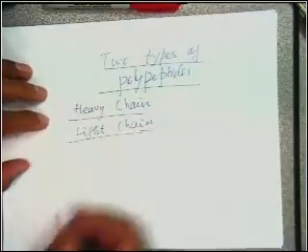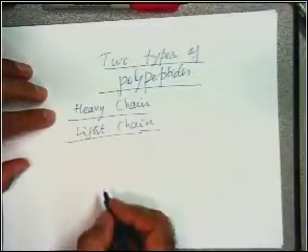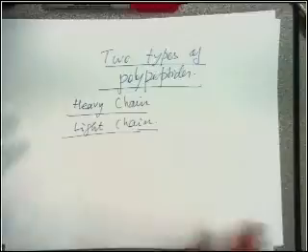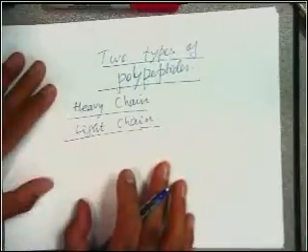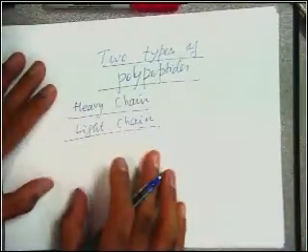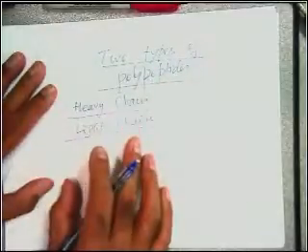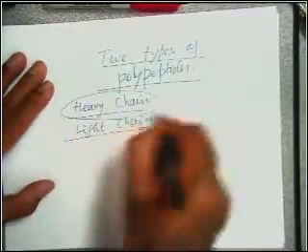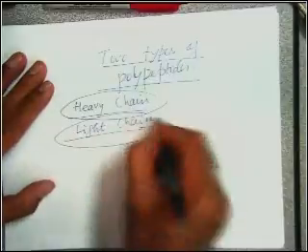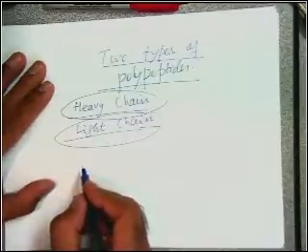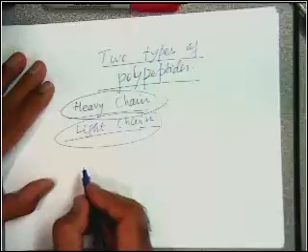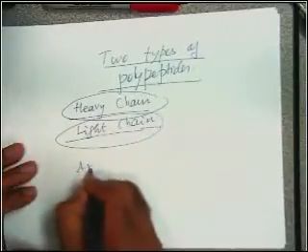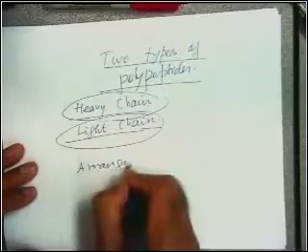Heavy chain molecule, light chain molecule, and they clump together to form one antibody. So antibody is composed of two main types of polypeptide. One is a heavy chain molecule, another one is the light chain molecule, and they combine together and form antibody. How are they arranged?